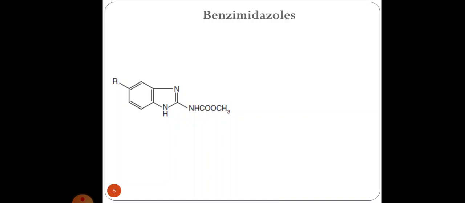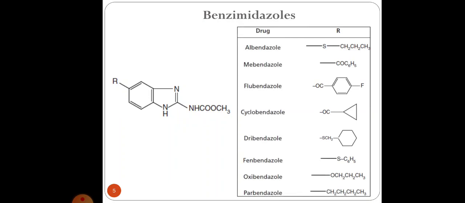Based on the presence of different groups at the fifth position, that is at the R, there are different drugs from this category.